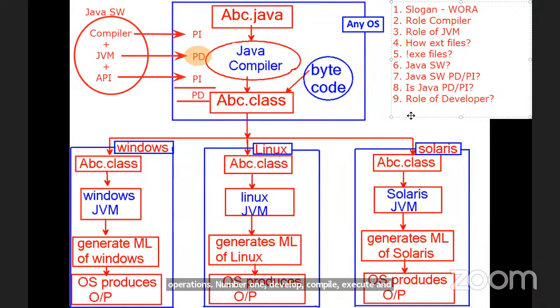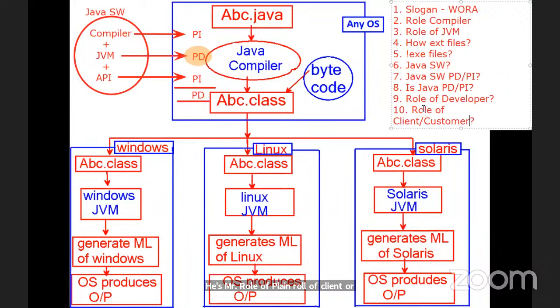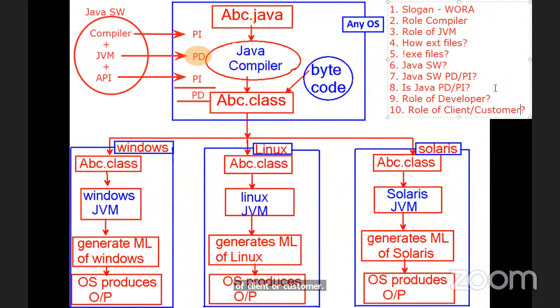Okay. Now, there is another person here: Mr. Role of client, or customer. What is the role of the client or customer? Will he develop any code? No. Will he compile the code? No. What is the responsibility? Only take the program and run. Based on the role of developer and client, I have a question. The developer wants to develop, compile, execute.